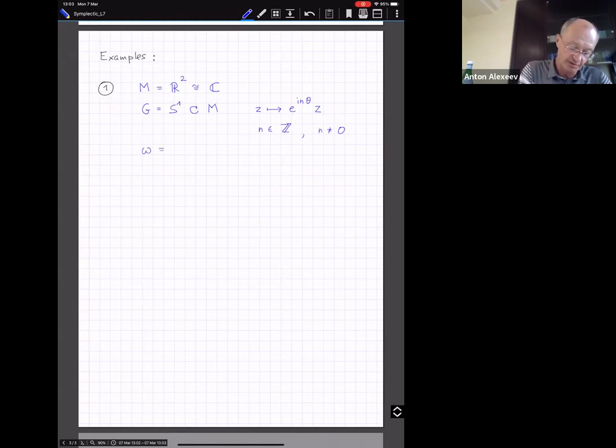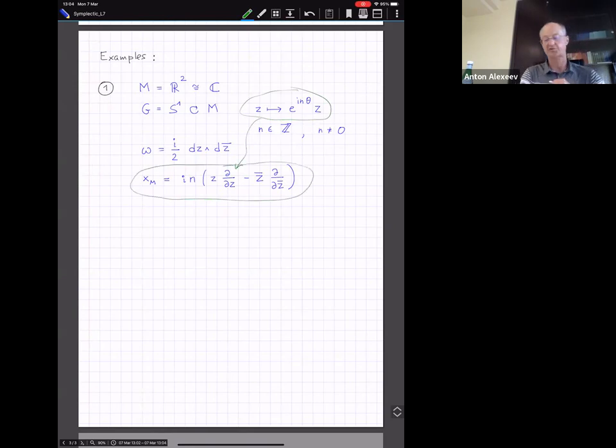So as before, we take the symplectic form, that's the standard symplectic form on C, i over 2 dz dz bar, and the fundamental vector field implementing the unit vector would be something like this: i n z d/dz minus i n z bar d/dz bar. That's a small exercise to show that the vector field is this.